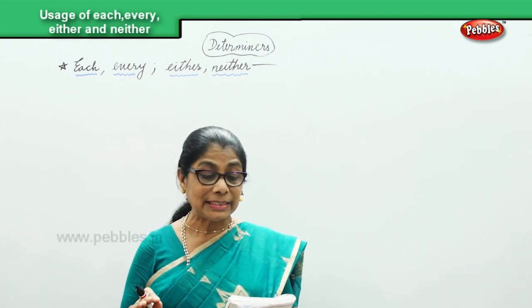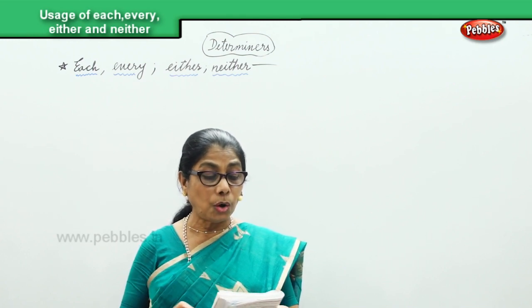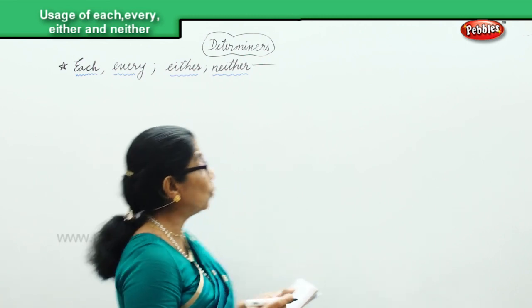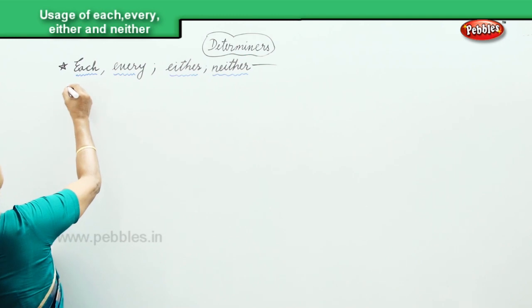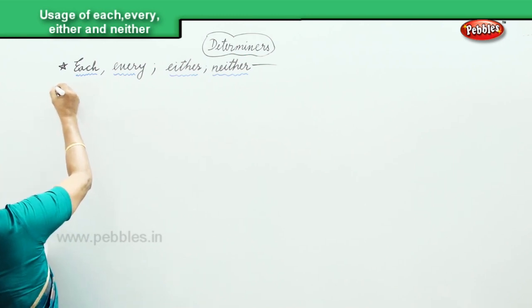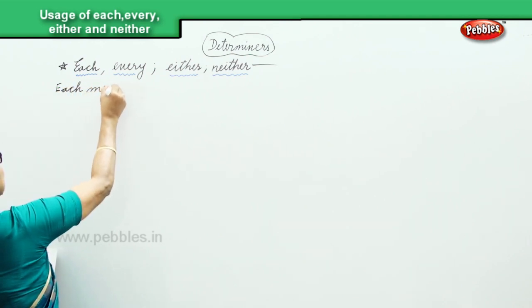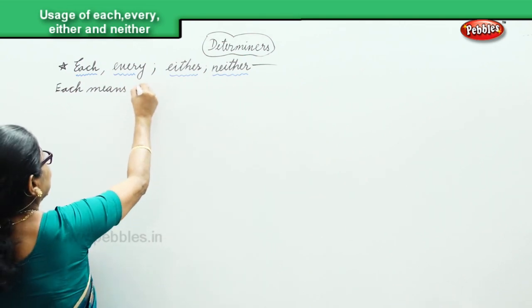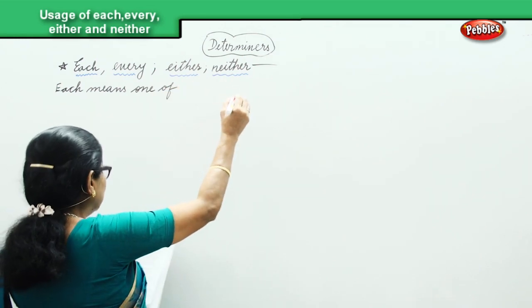Each means one of 2 things or one of any number exceeding 2. So what is the meaning of each? Each means one of 2 things.